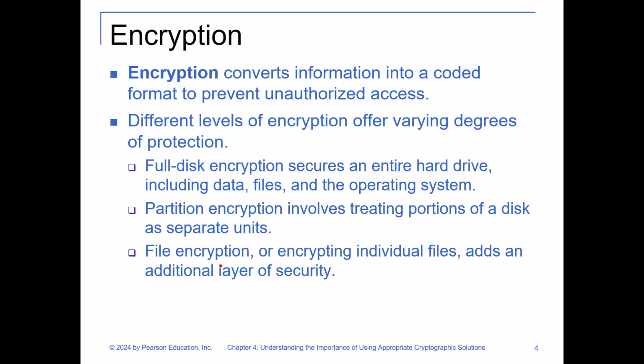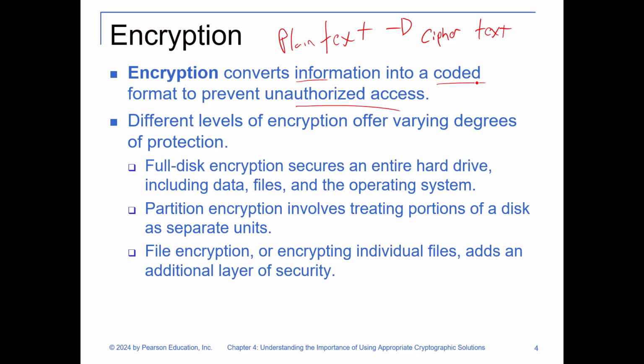Encryption deals with the conversion of information into a coded format to prevent unauthorized access. So we're going to change this up: plain text, and we'll run through an algorithm to cipher text. So it is information into coded information, plain text to a cipher text.